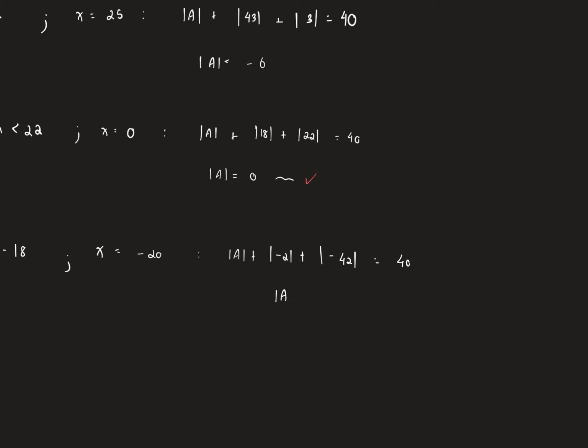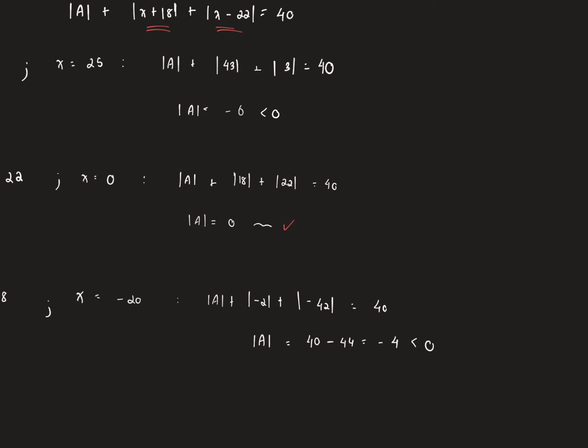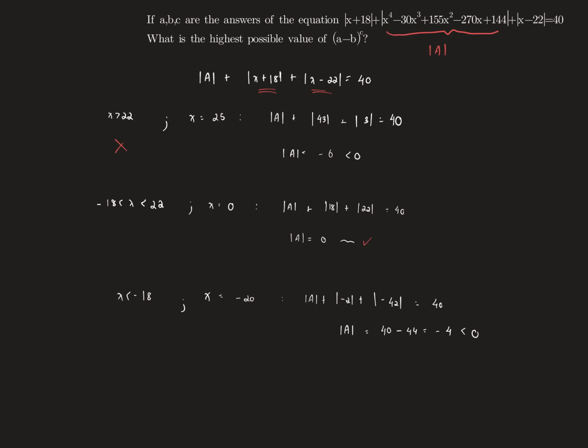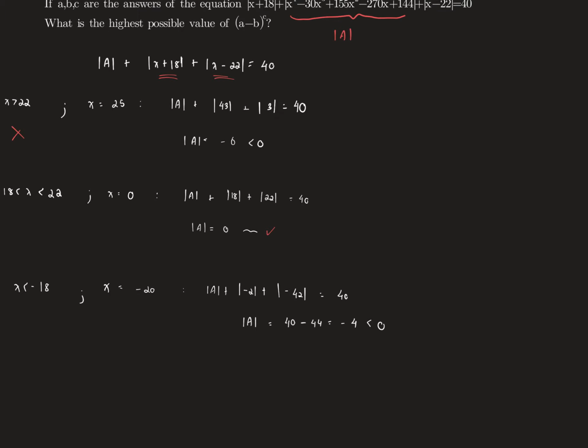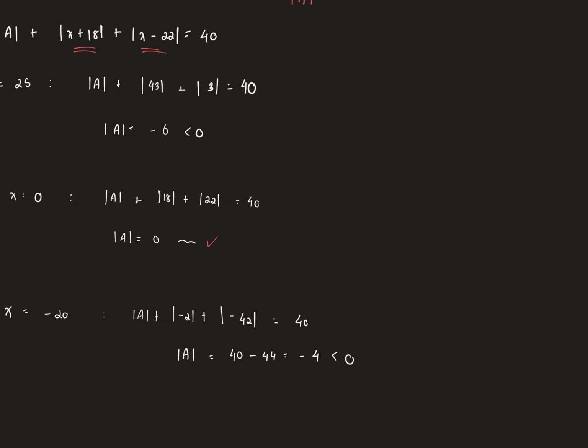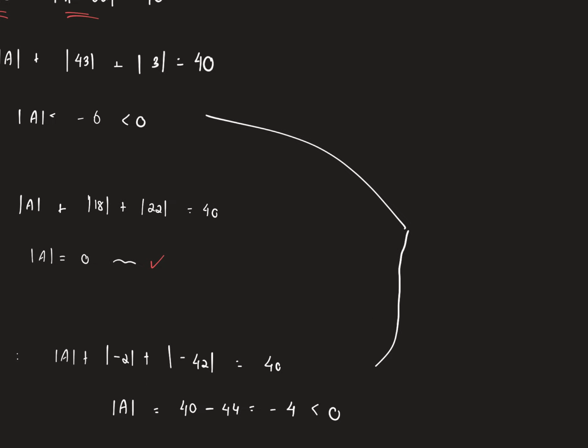In this case, absolute a is 40 minus 44, which is negative 4. Still, the value is below 0, as in case 1. So when x is more than 22 or less than negative 18, there won't be any possible value of a. So the only possible value of x must be between negative 18 and 22. So this one here is impossible.